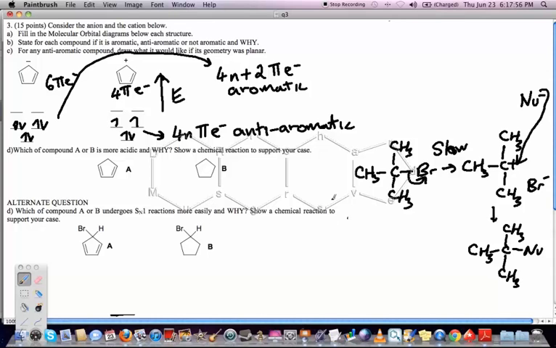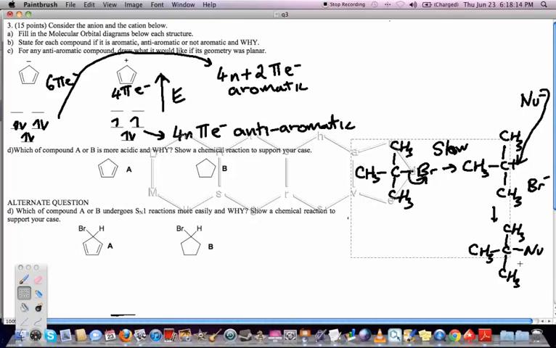So we're only interested in the first step, and in each of those cases we will be removing the bromines and leaving a cation. It makes sense because up here we're interested in what the negative charges look like. Now this is a way that we can get positive charges onto these compounds.